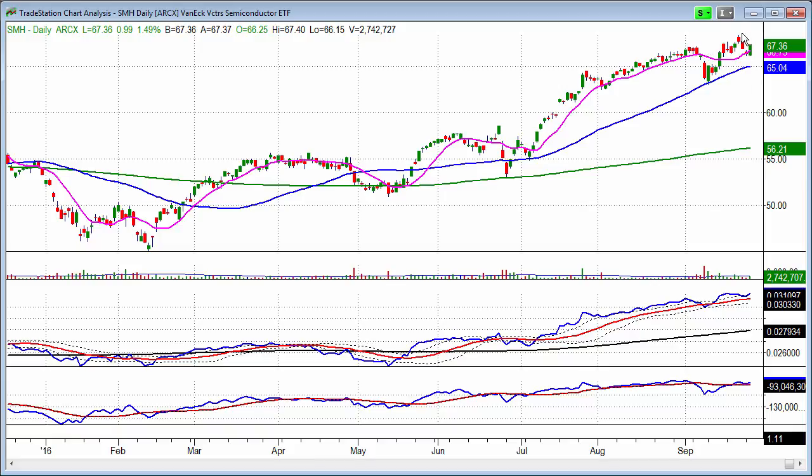They followed the Qs to new highs, and today, as the Qs have popped, SMH is up 1.5%, while the Qs are up less than a full percent right now. So these are back up looking at the new highs, one of the first groups to be doing that.